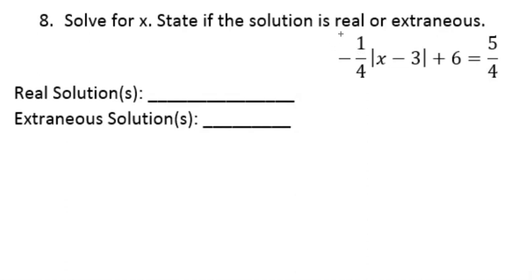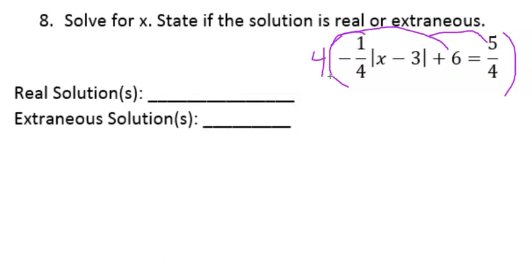For this problem, I'll go ahead and multiply everything by 4 first so we can get rid of those fractions. So 4 will be multiplied by each term, the negative 1/4, the 6, and the 5/4. Notice we don't have to multiply it by the absolute value terms inside, the x and the negative 3, because the coefficient on the outside of the term, negative 1/4, is the only thing we'd have to multiply here.